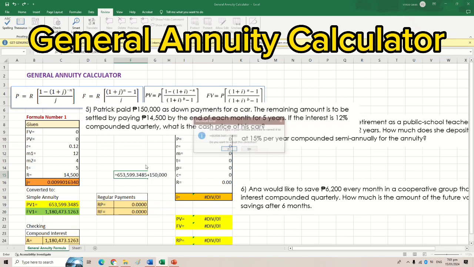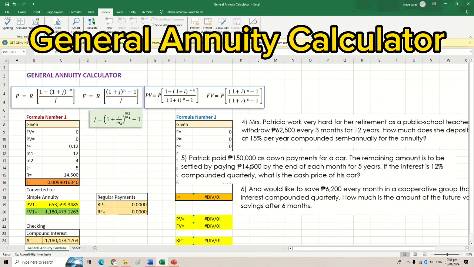All right, so this is the value, this is the cash price of the car, 803,599. Okay, let's go to the third problem.